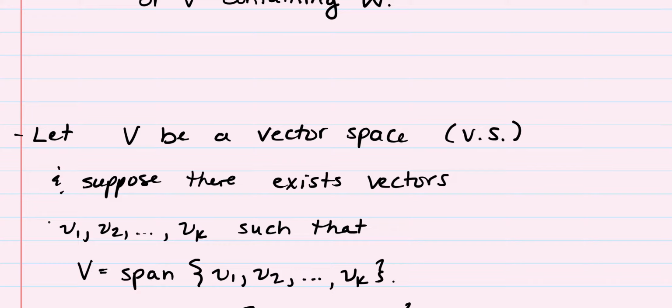All right, let's say that V is a vector space, and suppose there exists vectors V1 through Vk such that V is the span of these vectors.